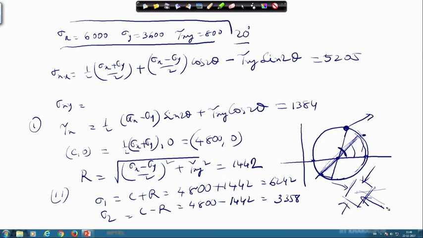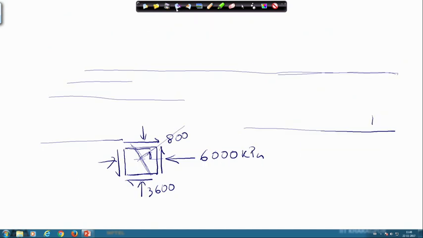So, this one is your 6242 and this one is 3358, and this angle is a negative angle, that is 16.85 degrees. So, this is the second part. Similarly, the third part also you can do.